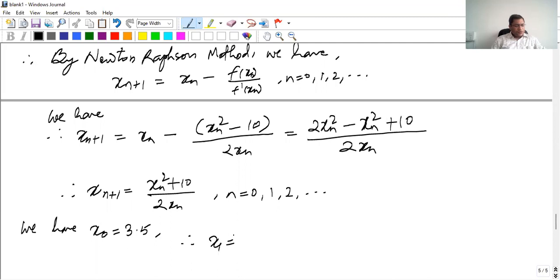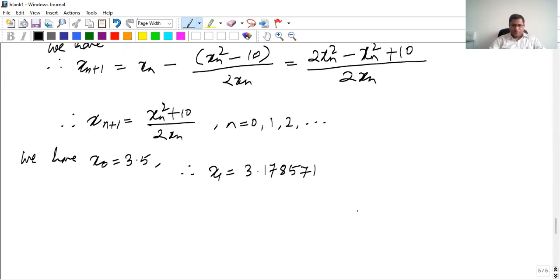The initial approximation is 3.5, and then the first approximation is 3.178571. Are you getting this? All of you are getting this? Next iteration, we use this value.